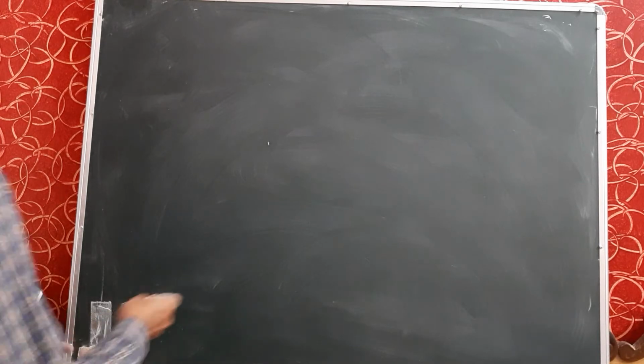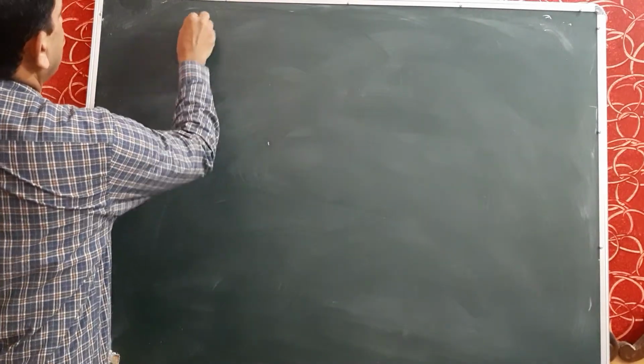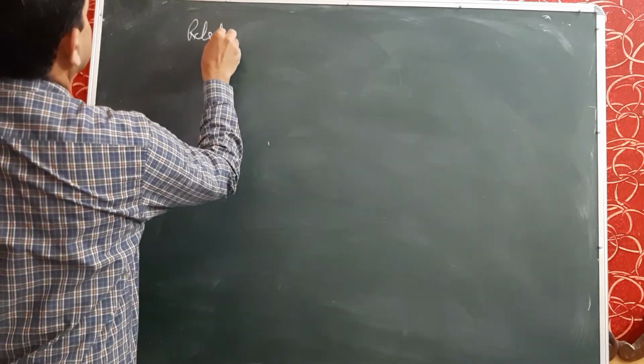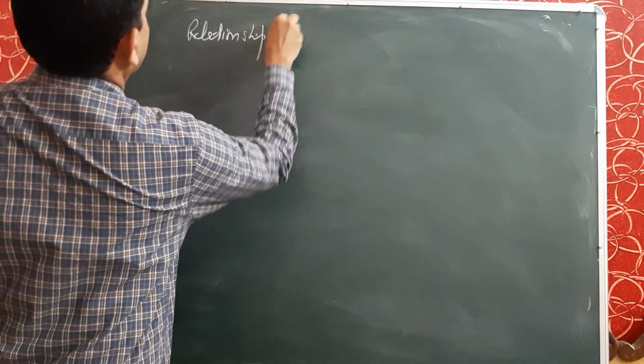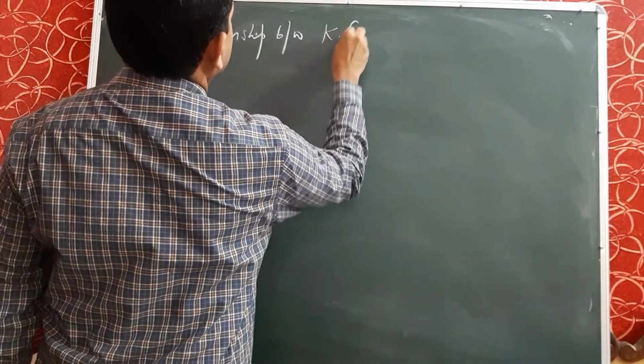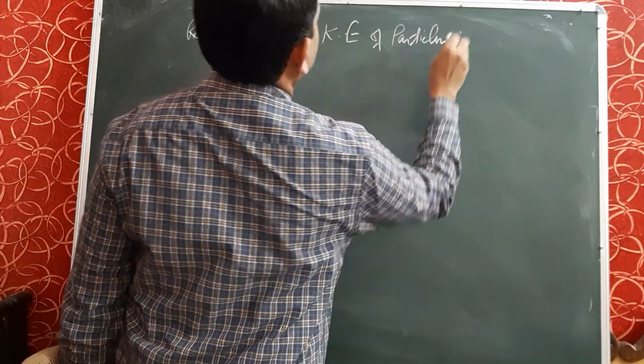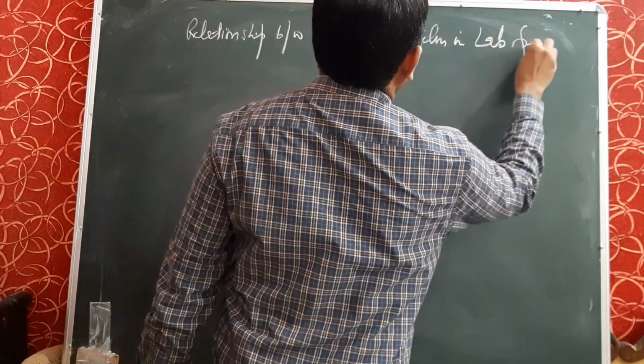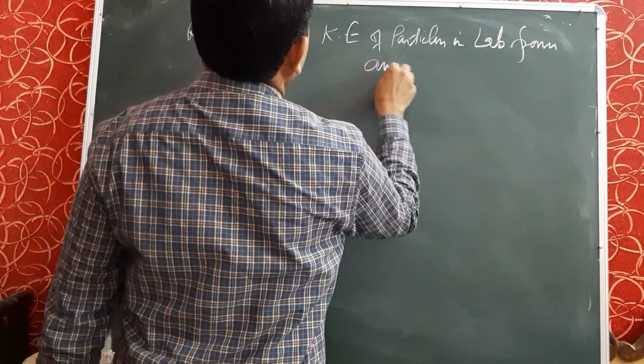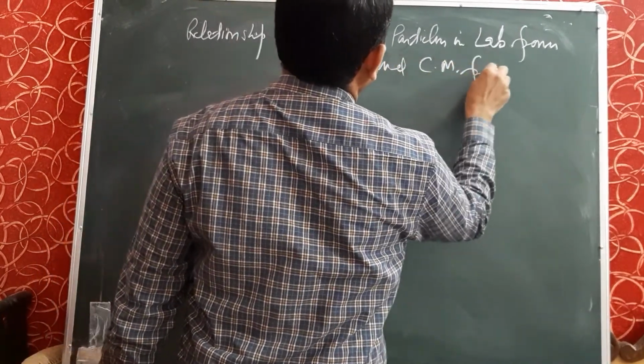So this is all about the angle of scattering. Now, in the next article, we will derive the relation between the kinetic energy of particles in lab frame and center of mass frame.